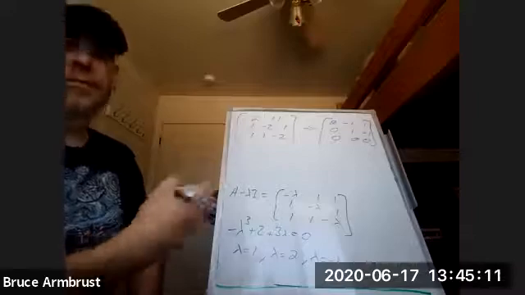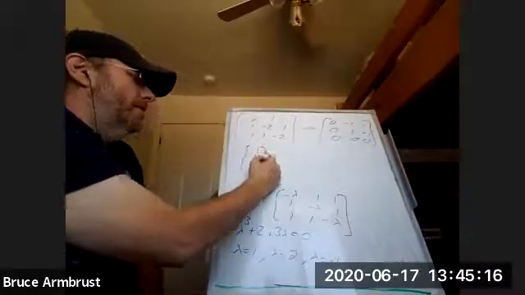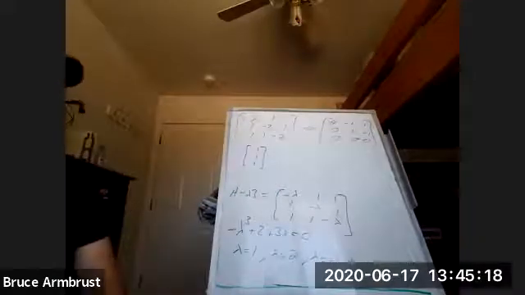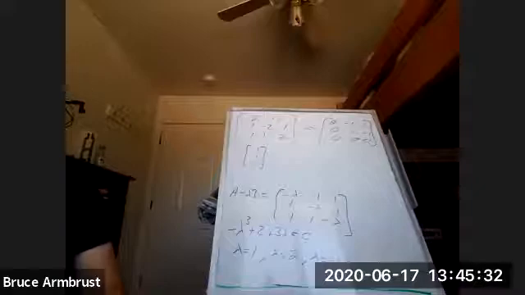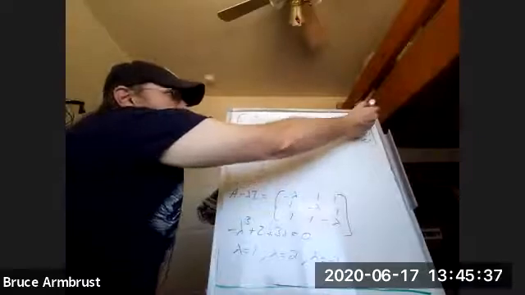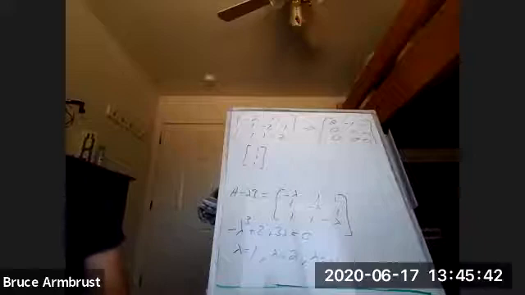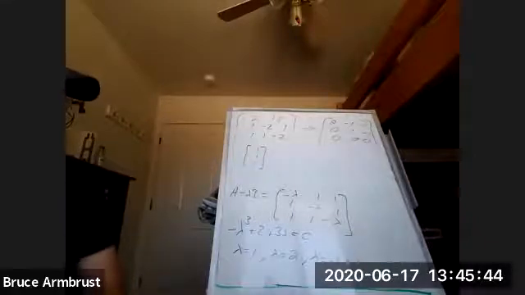And so if you go through the process, you'll find that your eigenvector here is 1, 1, 1. That should have been a minus one, I apologize. All right, so that one gives us 1, 1, 1.